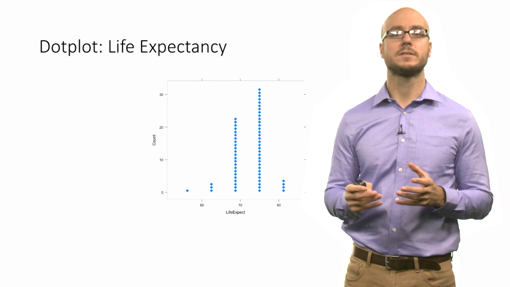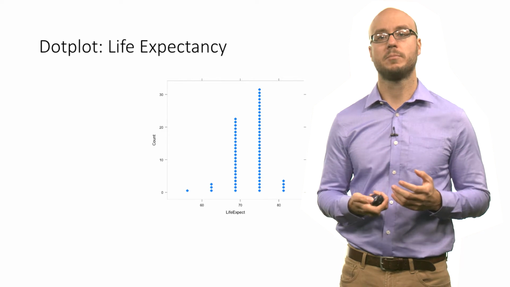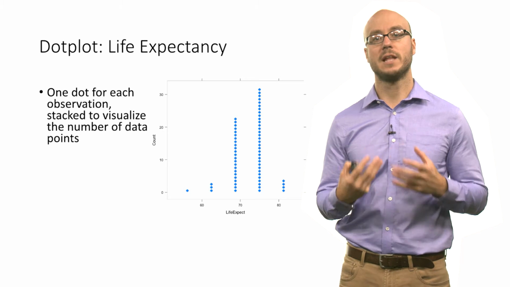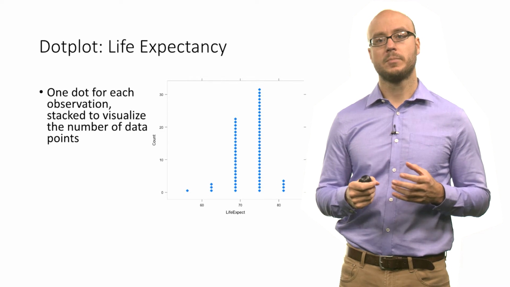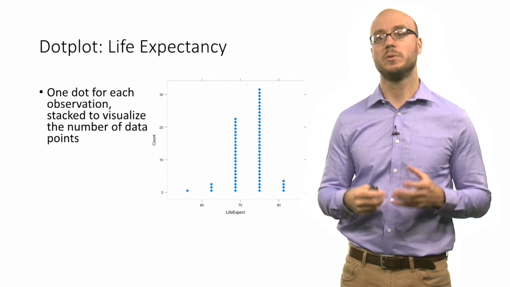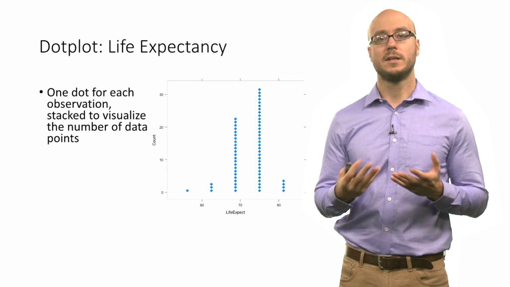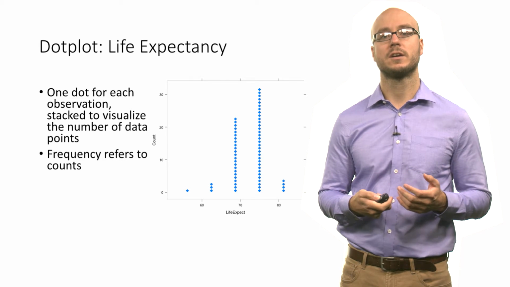A first analysis might entail the construction of what's called a dot plot. So here's a dot plot of life expectancy in our data set. In a dot plot, typically you use one dot for each observation. So here we have a set of countries, and each dot is a different country.